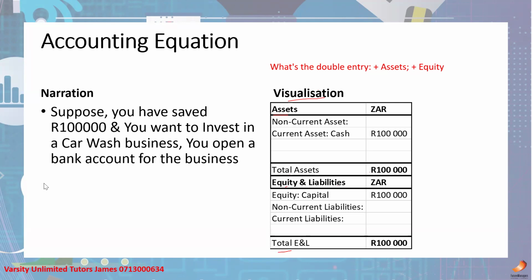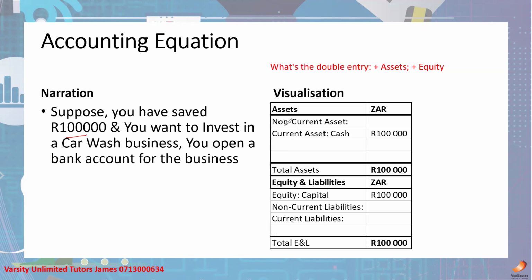As an example, suppose you, as a business person, have saved 100,000 Rand and you want to invest in a car wash business and you open a bank account for the business. If someone says, I want my accountant to record this for me in my books of accounting, I'm not talking about the journals, I'm just talking about the statement of financial position in relation to the accounting equation. How is someone supposed to do that? I'm going to record that I now have an asset.